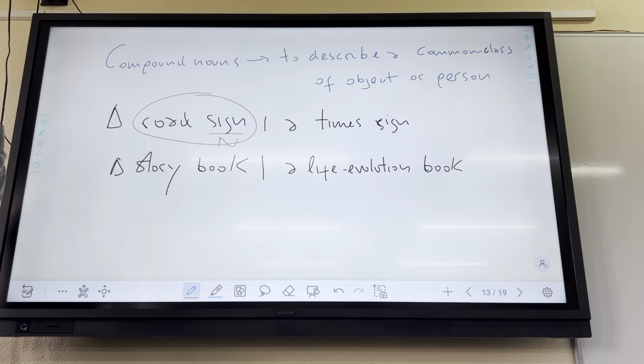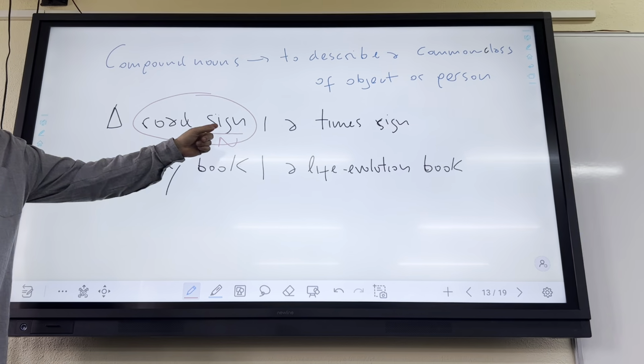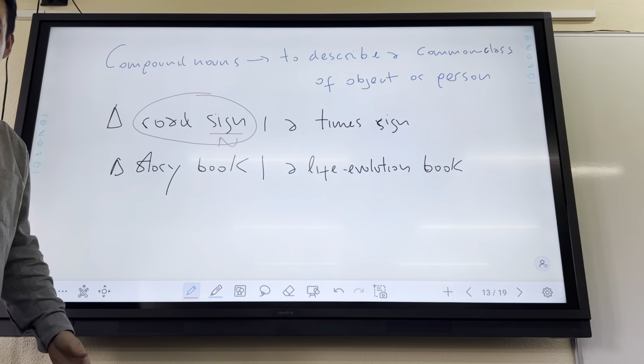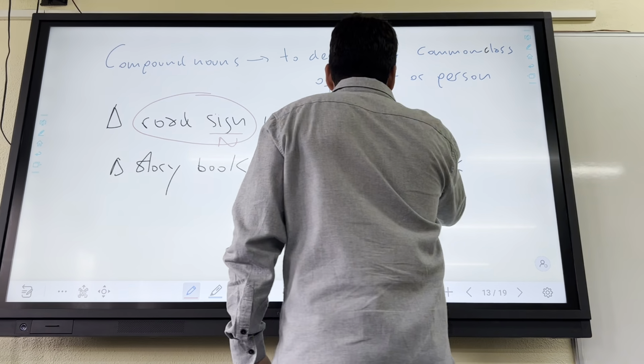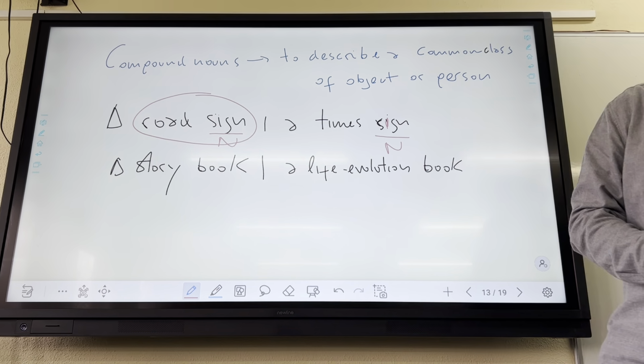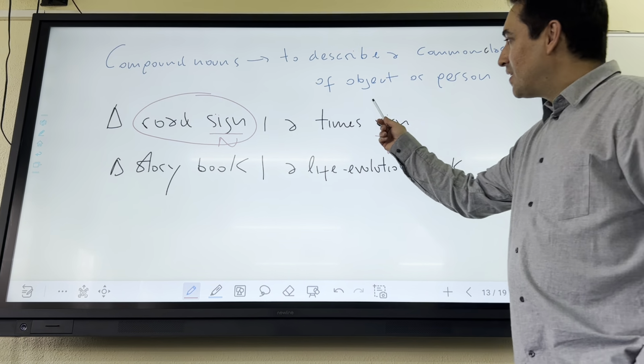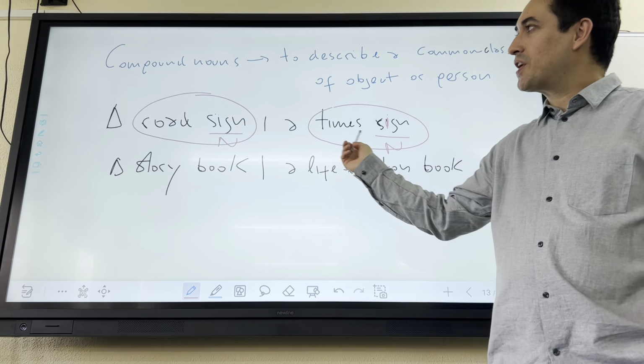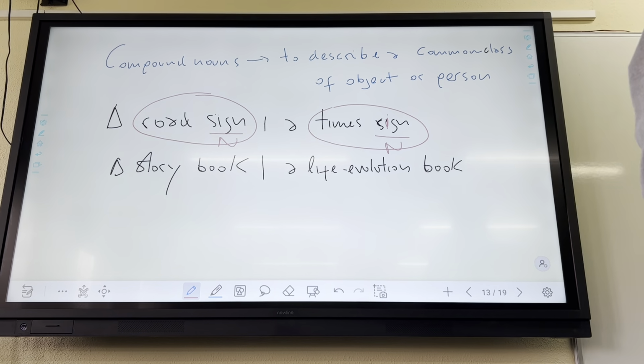Okay, a road sign. What type of sign? A road sign. Yeah? And have a look at this. A time sign. Again, sign is the most important word. However, which one do you think is more frequent to hear? A road sign or a time sign? How many times have you heard time sign?